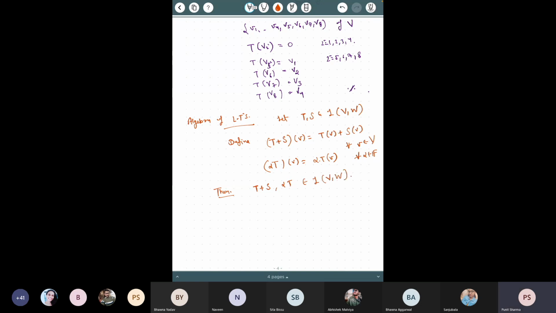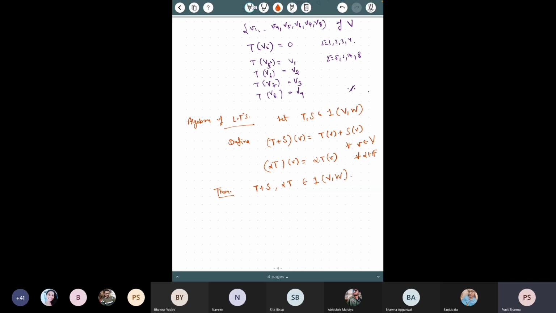This you can verify. Now we have a set here, the collection of all functions. We have a set here, the collection of all linear transformations from V to W. We have defined an addition on that, and we have defined a scalar multiplication on that.